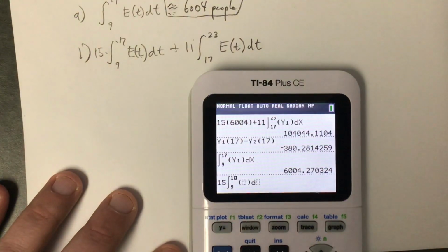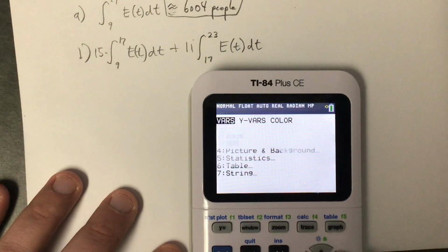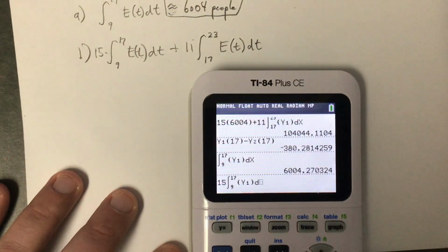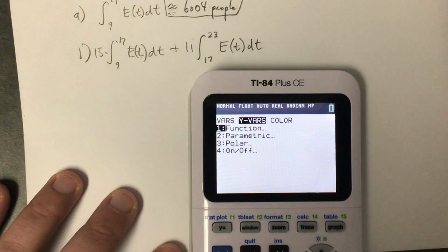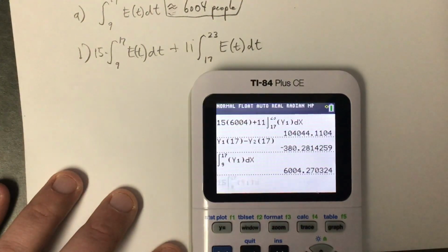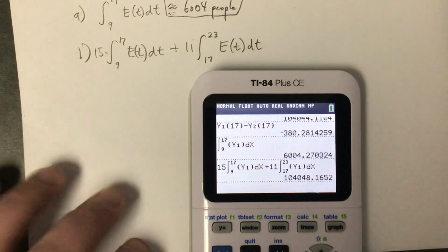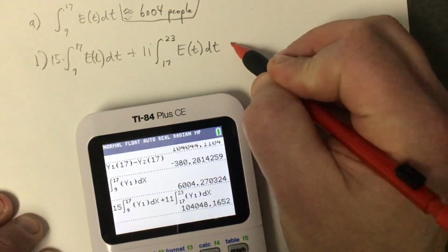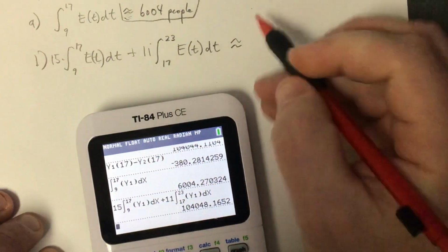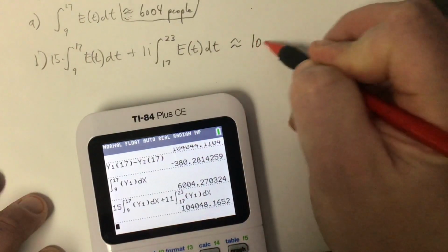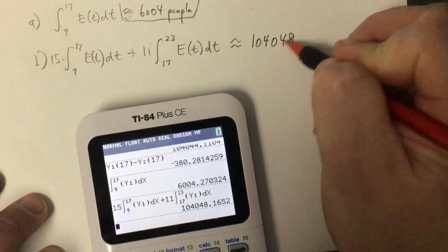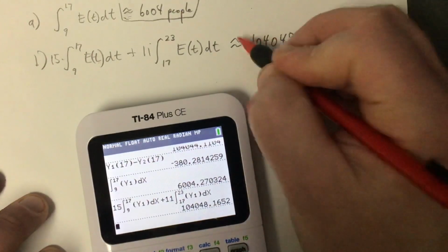I'd go 9 to 17 of y sub 1 of x, plus 11 times the integral from 17 to 23, and again that's y sub 1 of x, and boom, and what do we end up with? We get approximately, and it says round to the nearest whole number, 104,048, and that's going to be dollars.